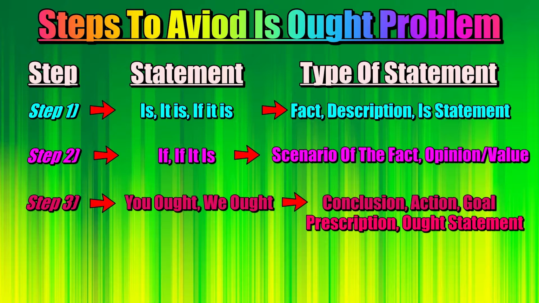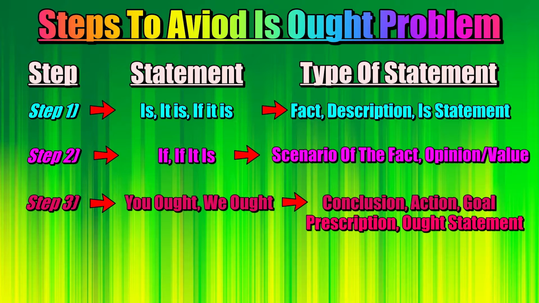Step 2 is "if" or "if it is," and it's a scenario of the fact. I haven't fully thought it through, but I think generally it's an opinion or a value, if not always. Step 3 is written as "you ought" or "we ought." It can also be "he or she ought," but I didn't bother with writing that. As for the type of statement, it's not always an action, although it can be an action.